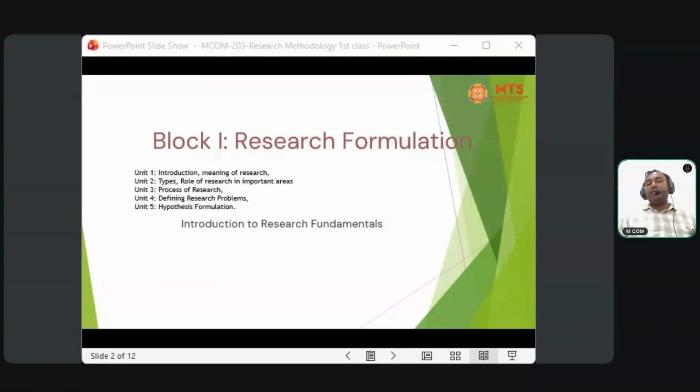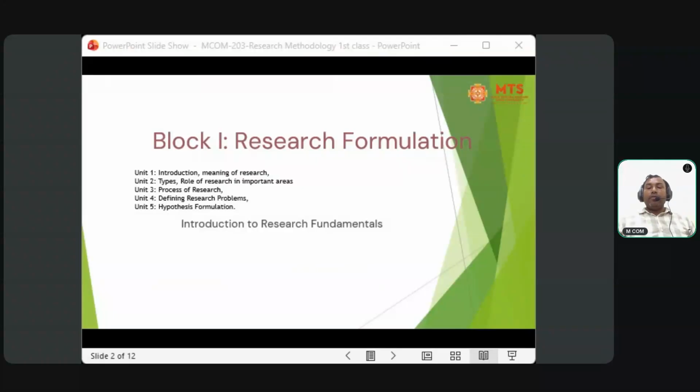These are the actual importance of research. Okay, and the objectives of research are exploration, description, explanation, prediction, evaluation, and validation, innovation, dissemination. These are the objectives of research.